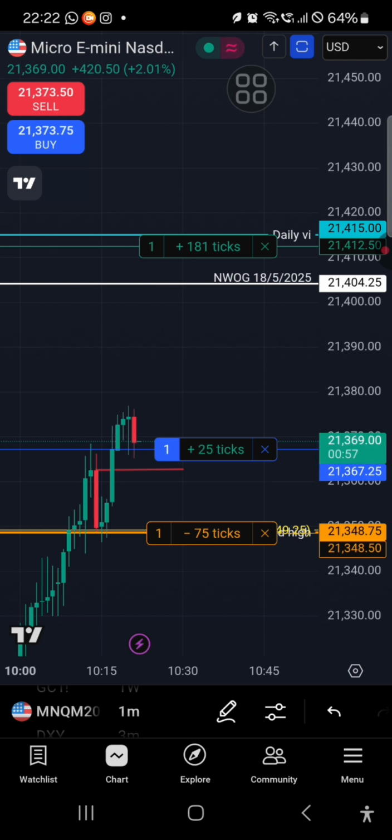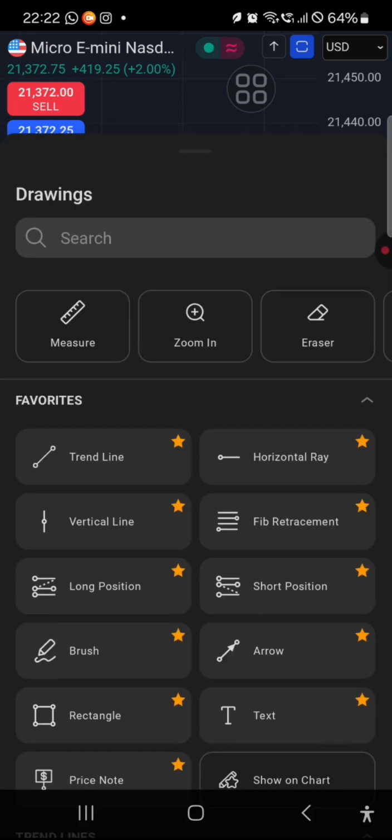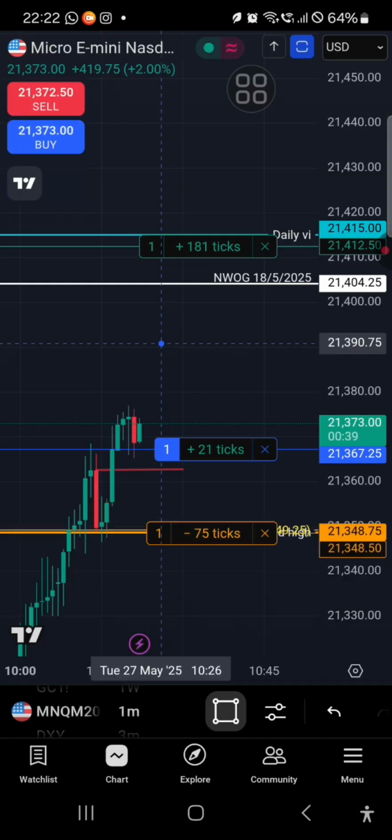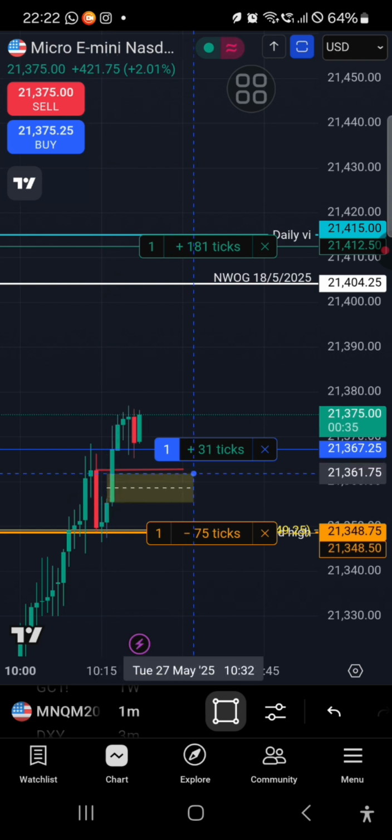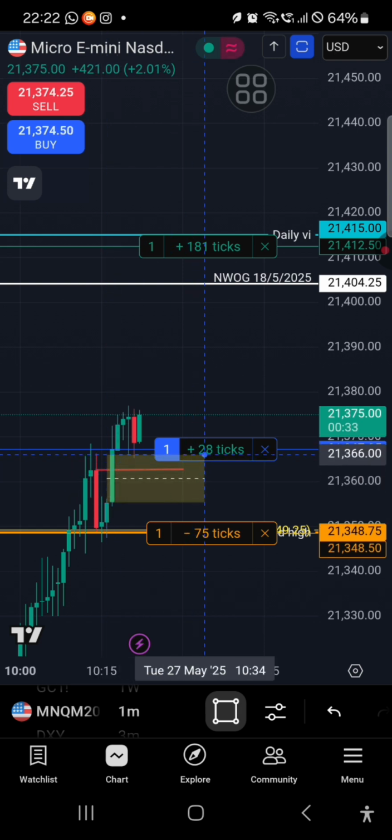Okay, look at the bodies. As long as this BC holds price, I'm okay.